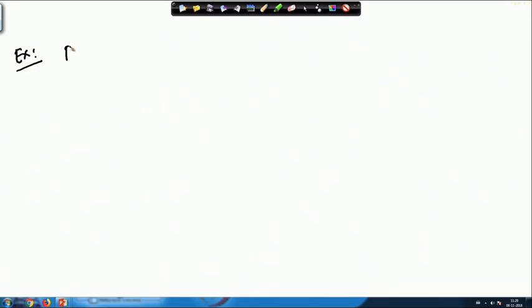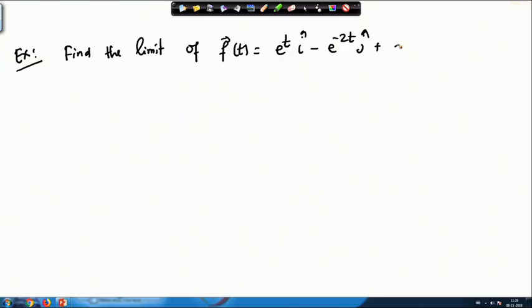Find the limit of, let us say, f(t) equals e to the power t i minus e to the power minus 2t j plus e to the power 3t k as t goes to 0. All right.